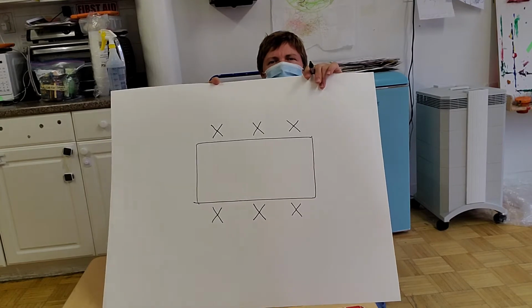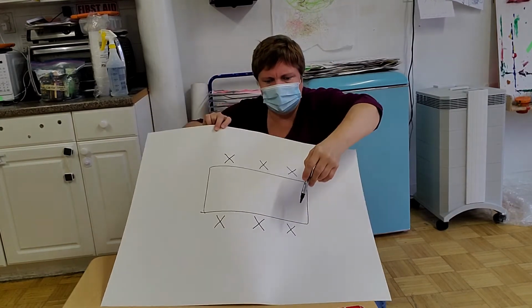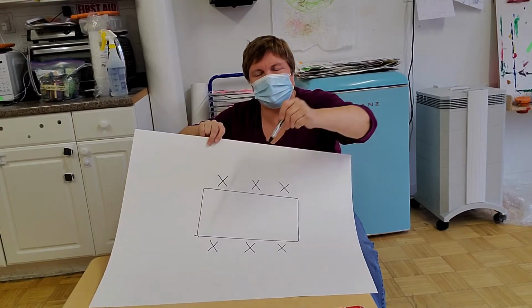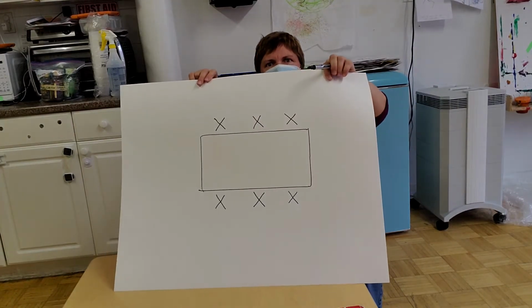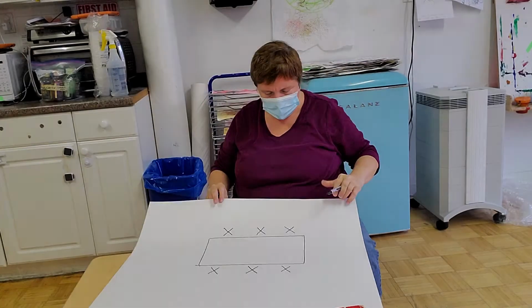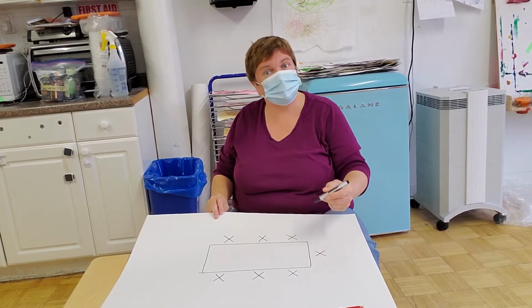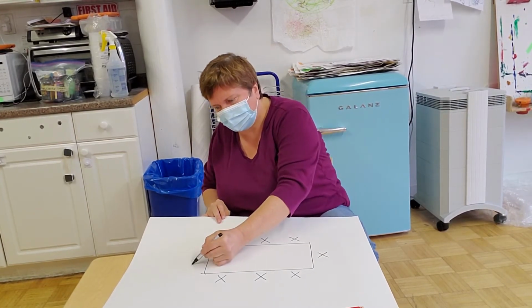She's a very big part of my family. So I have 1, 2, 3, 4, 5, 6. And of course, if I have 2 neighbors coming over, they could sit at the end. So I make another X. Or you could go and trace another shape to make the seats.